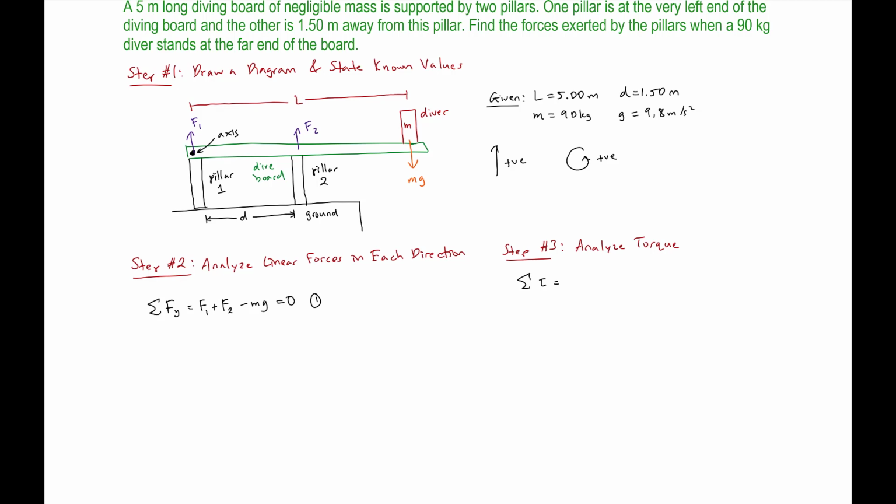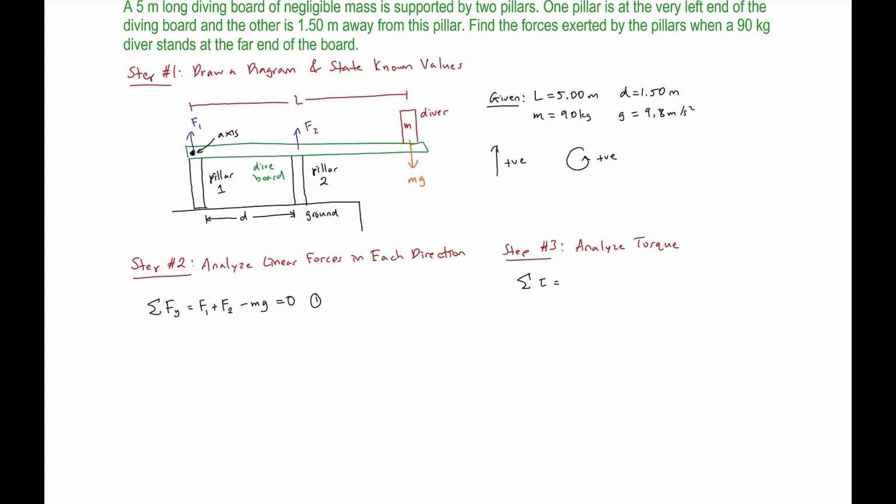If our positive rotation is counterclockwise, then technically F1 and F2 are in the positive direction because it's going to be a force applied this way around the axis.